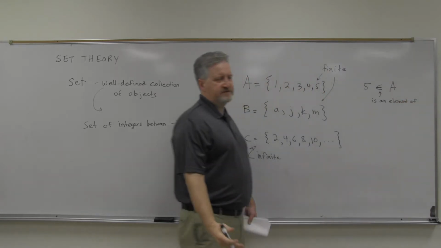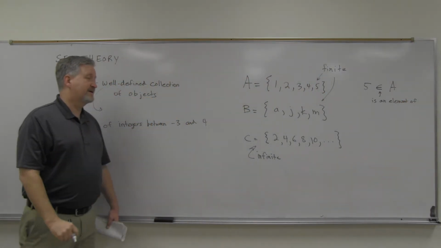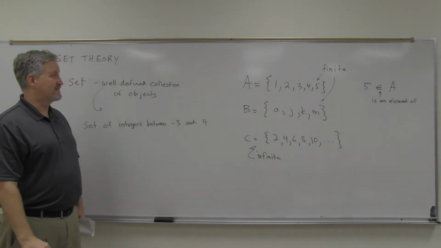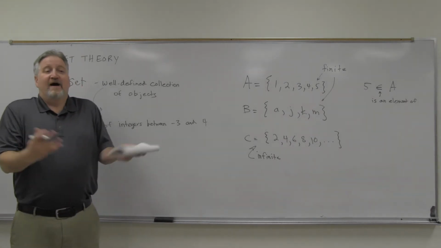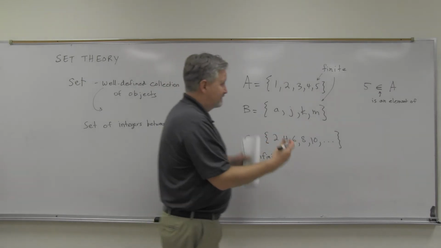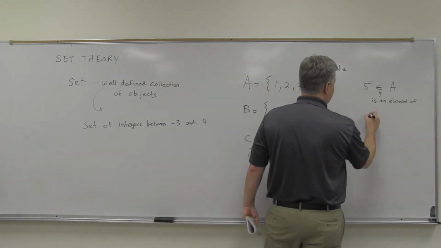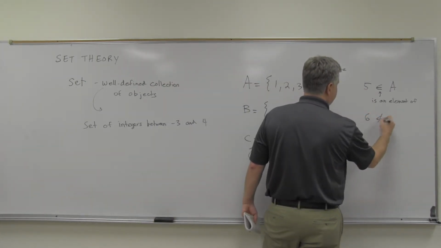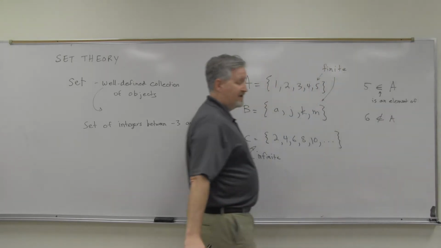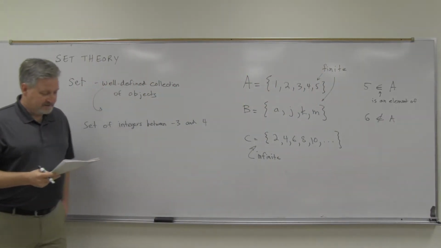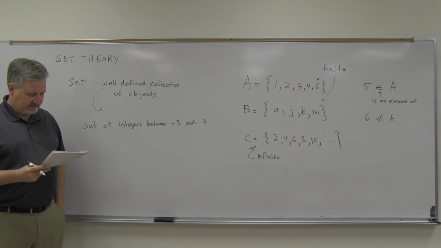So if you see that, just FYI, it means 5 is an element of A. And then of course, if you've got a number or an object that's not an element, like 6 is not an element of my set A that I've got listed there.